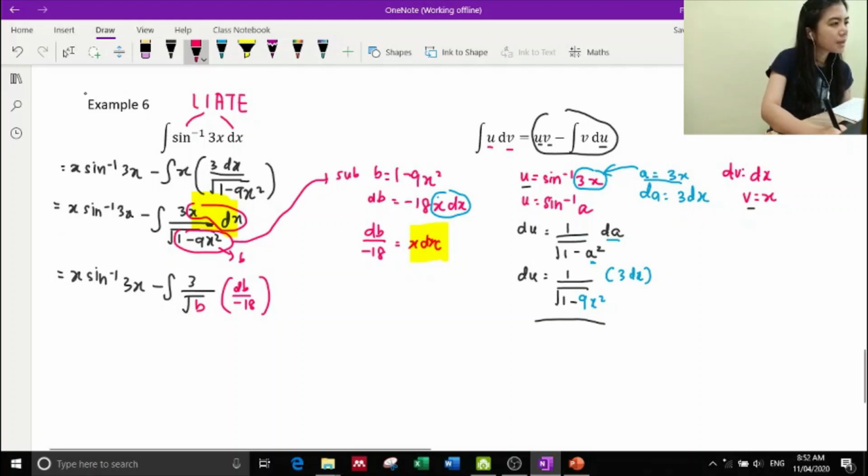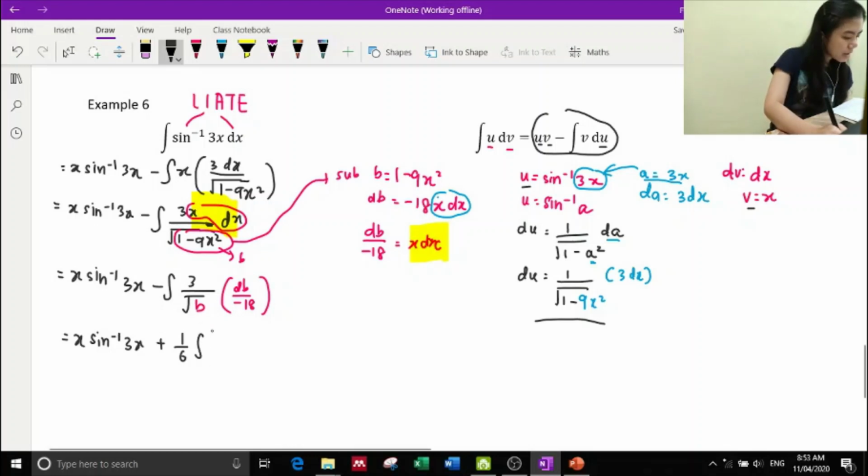Let's simplify it, then you can go to integration. So we have x sine inverse 3x. This gives us 3 over 18, which is 1 over 6. And then over b, so you have minus 1 over 2 db.